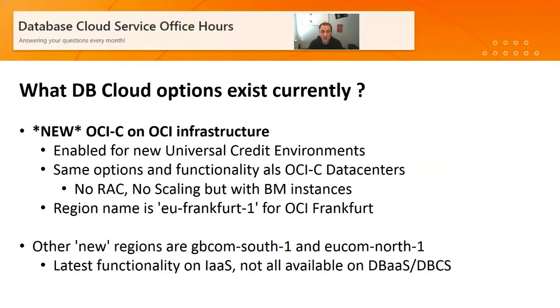Same options as the OCI Classic data centers, as in RMAN, as in backup recovery, and all of these things. The only thing is no replication clusters yet. And also very important, keep that in the back of your mind, there is no scaling with OCI VMs for database, but also not for infrastructure as a service. So you can't add CPUs or remove CPUs if you are on an OCI data center. You can do that on OCI Classic. That's very normal. You can just change it, shut it down, start it up.